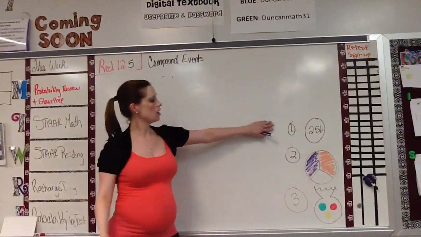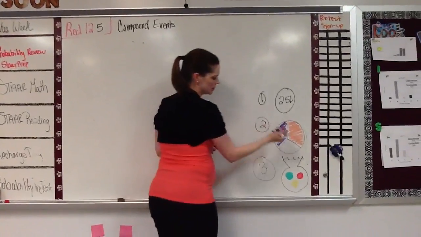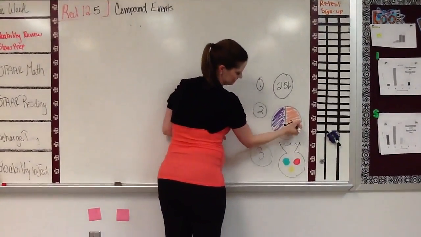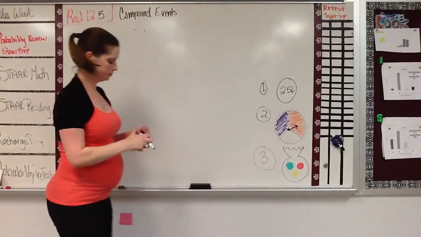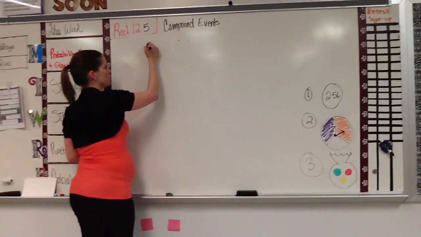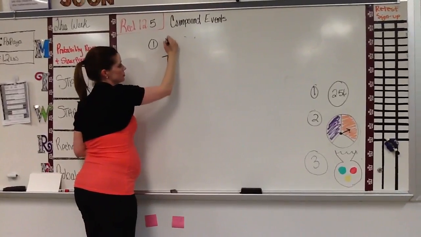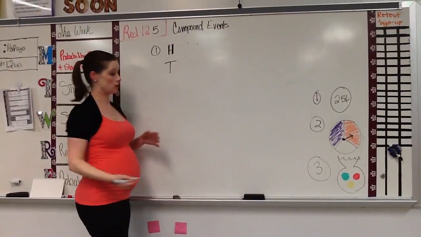So, over here we've got a quarter, we've got a spinner, which is kind of missing its spinner, isn't it? And we've got a bag of marbles. Now, that quarter has 2 outcomes. So we can either have heads or we can have tails. 2 outcomes.